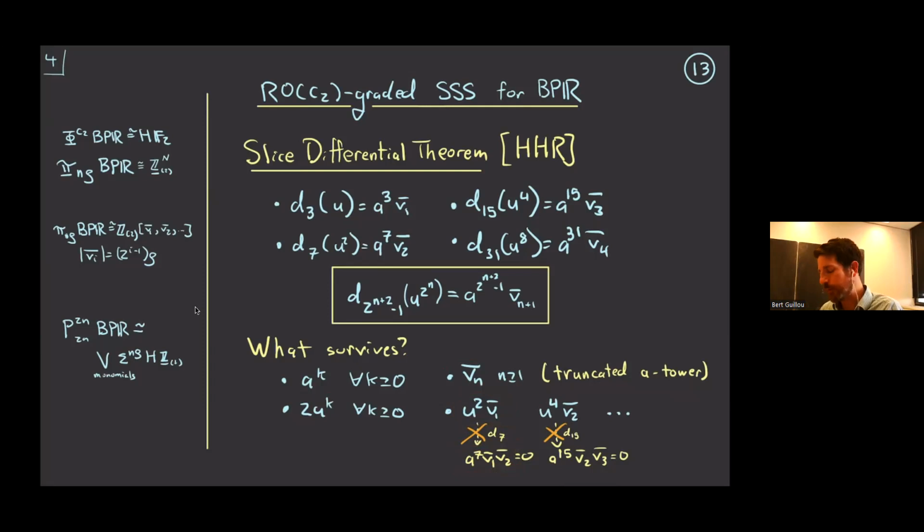So this has already been killed off. And so this ends up surviving the spectral sequence. And similarly U to the 4th V2, etc. Okay. All right, so we get a bunch of classes like that that survive as well. So that's a description of what goes on in the spectral sequence here.